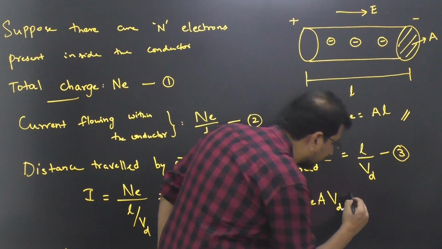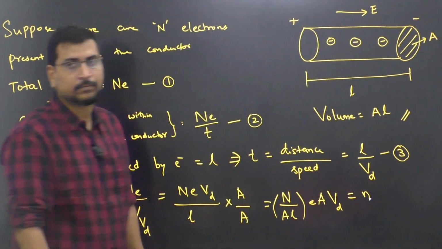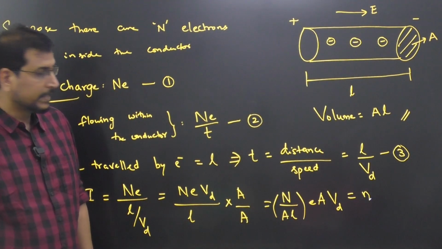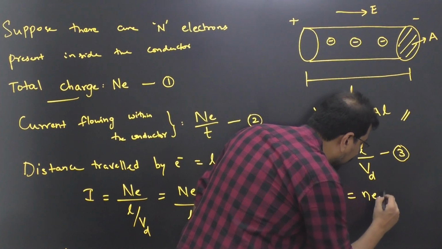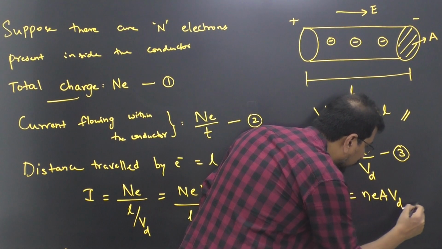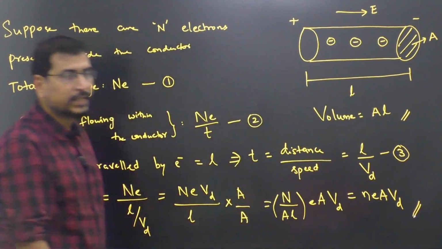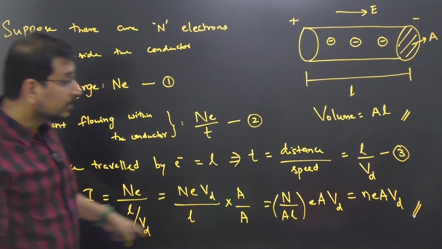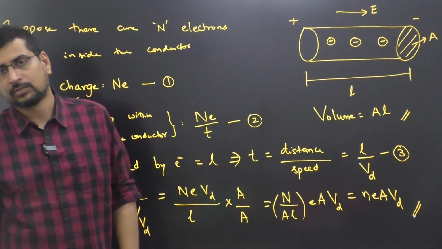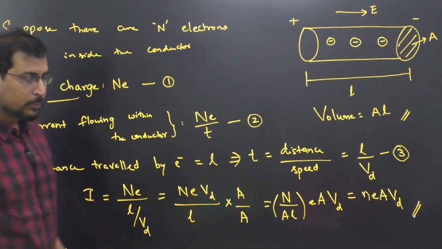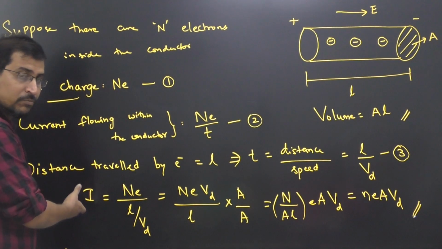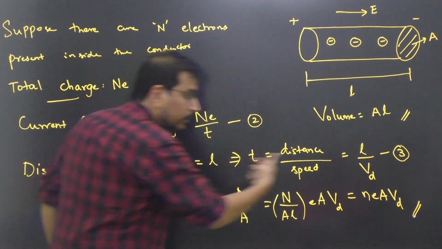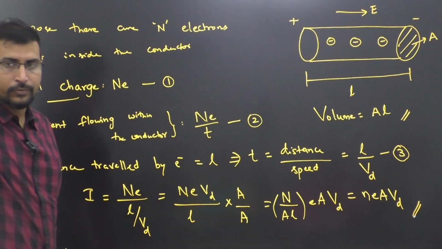So I will replace that with small n, into E into A into Vd. So this is going to be the final expression for the current that is flowing through the conductor in terms of measurable parameters. So this is the relation between the current and the drift velocity. That is why we saw drift velocity first.